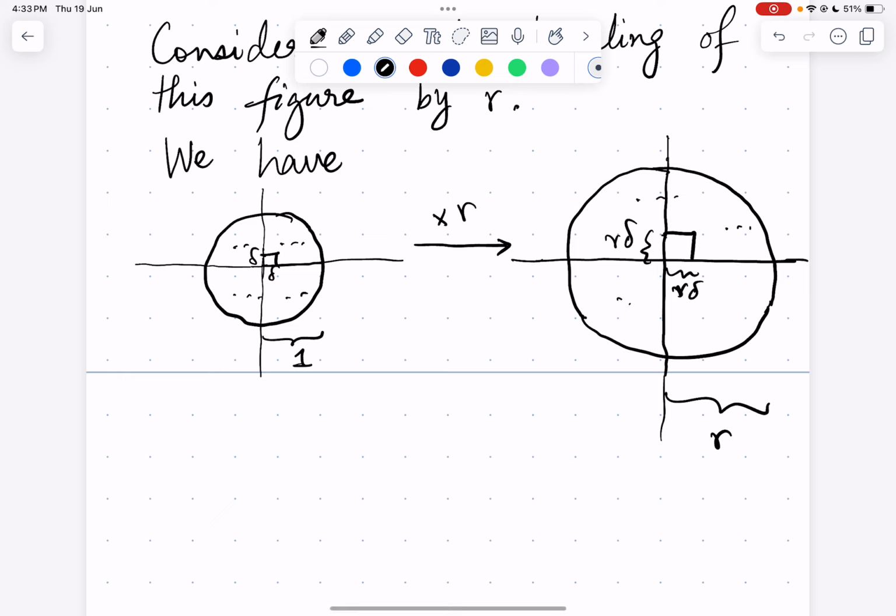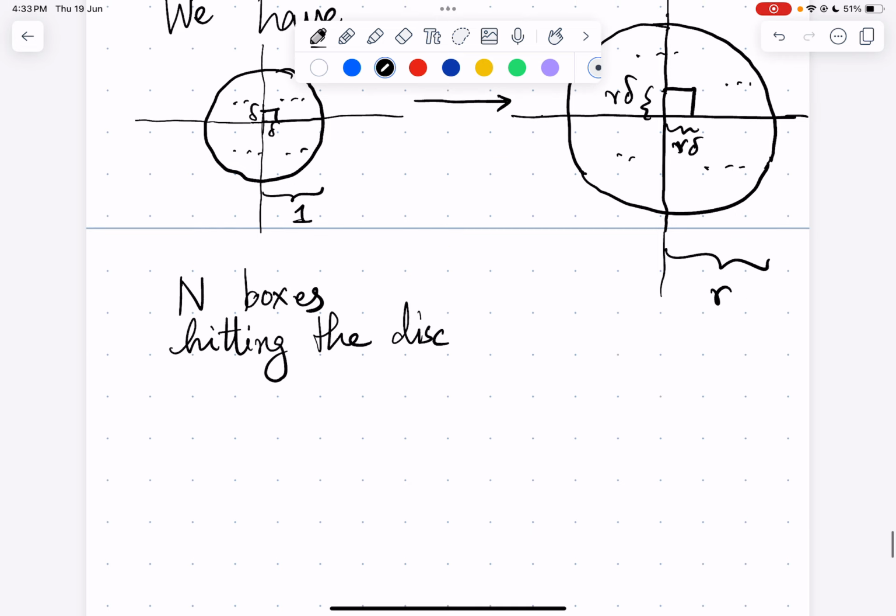And you have various boxes hitting the disk again. Note that if you have n boxes hitting the disk, then in the scaled picture also you'll have n boxes hitting the disk.